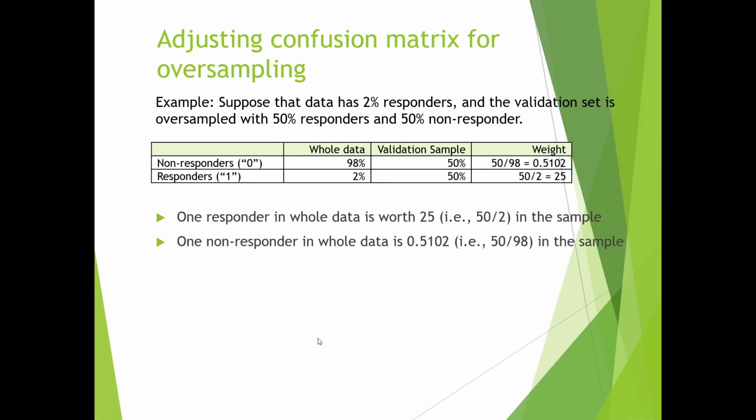You divide this 50% by the original data probability, and that's what's going to give you the weight. You need to adjust for non-responders by that weight, and you need to adjust the responders by that weight. So you divide that into each of the classes.